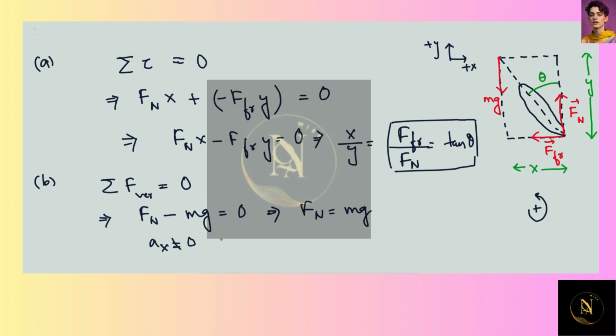The frictional force must be supplying the centripetal force, because that's the only force available here. So F friction must be equal to mv square over r.